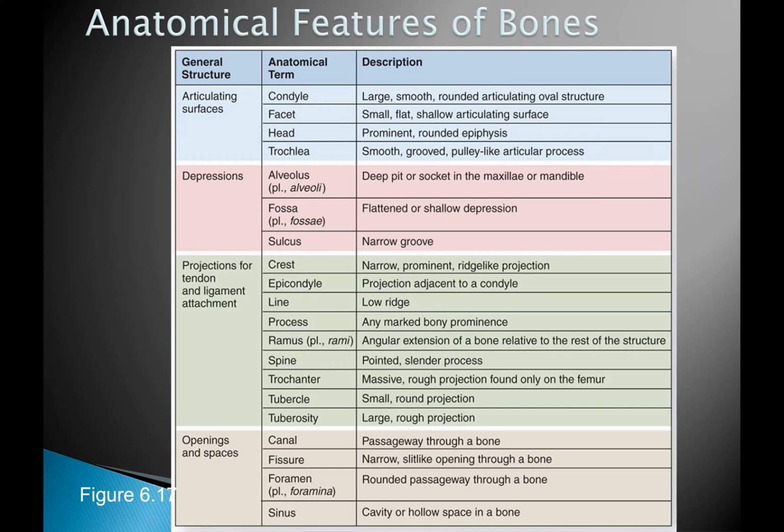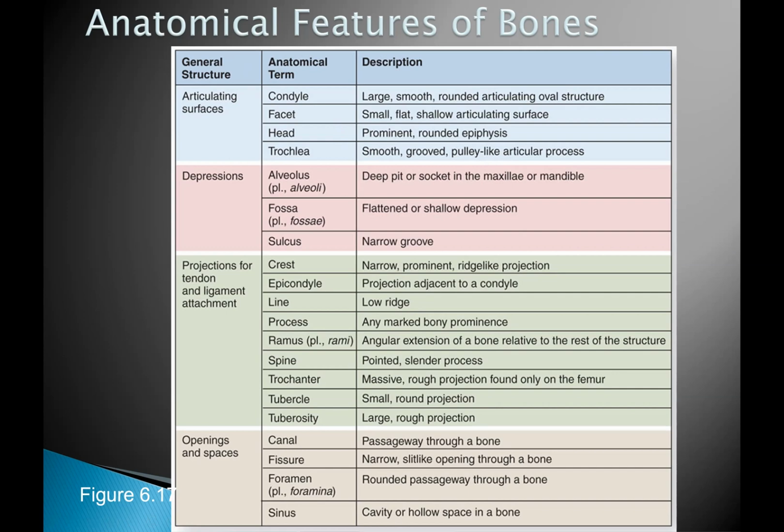It's on a bone, and if it's on a long bone, it's like a round ball on the bone itself, and that's where it can meet up with another bone, okay? And what the condyle usually joins up with is what we call a facet, okay? So a facet is a small, flat, shallow surface, and that usually meets up with a condyle. It's kind of a lock and key, okay?